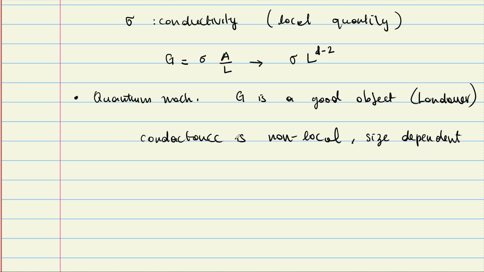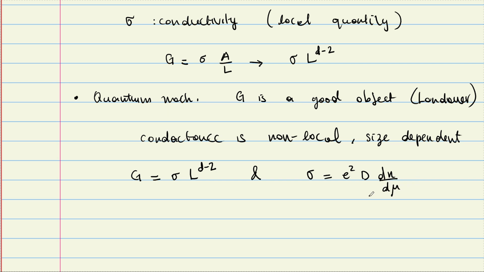Okay, now let's consider these things a little bit more carefully. Quantum mechanics is about the electron spectrum, energies, eigenvalues, and energy gaps. So I want to take this quantity, or some form of it, and express it in terms of spectral properties. So let's consider G, sigma times L to the D minus 2, and let's also consider the Einstein relation, sigma is equal to e squared D dn/dmu.